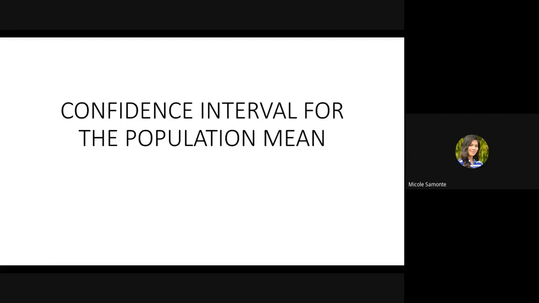So from the sample mean, the principal could infer that the average age of all the students is 17.3 years. Okay? So yun yung getting the confidence interval of the population mean.